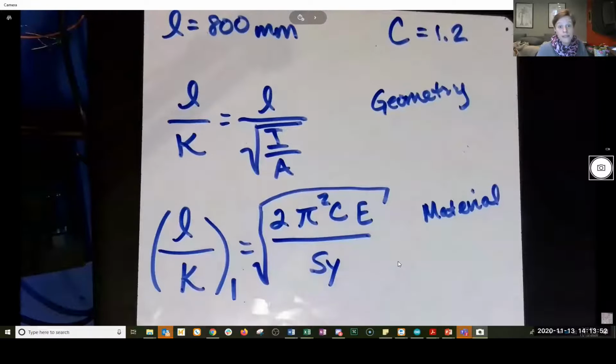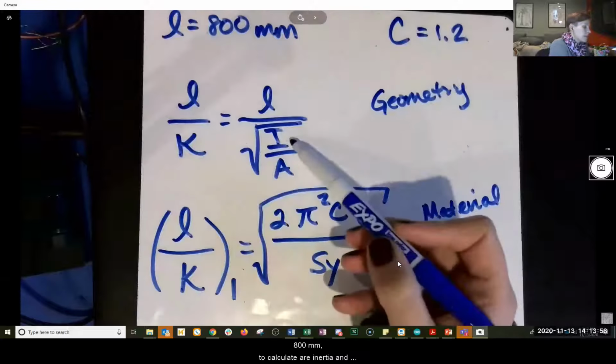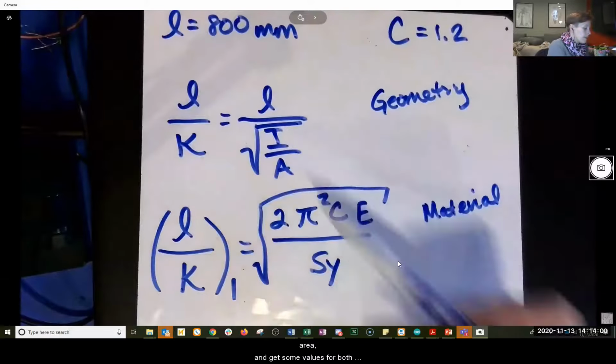So we're going to compare these. I think I lost my train of thought there, but we're going to compare these. We're going to take the 800 millimeters. We're going to calculate our inertia and our area and get some values for both of these.